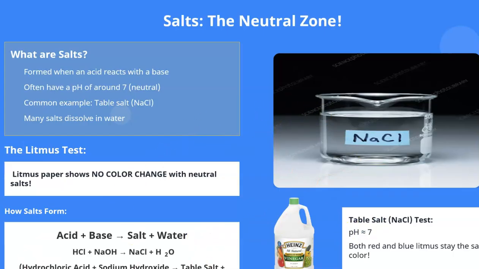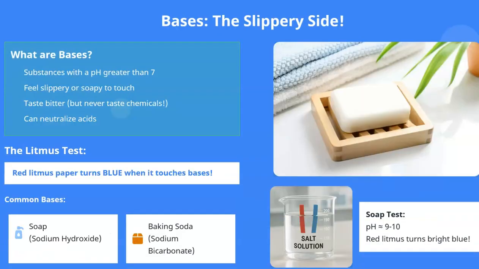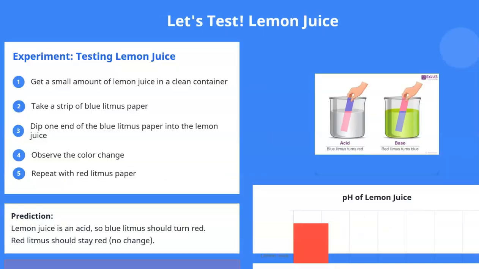The other one I will use. The blue and the, what's this? Red litmus paper. Okay. We have here lemon juice. We can do an experiment at home using this. Testing lemon juice: you get a small amount of lemon juice in a clean container.